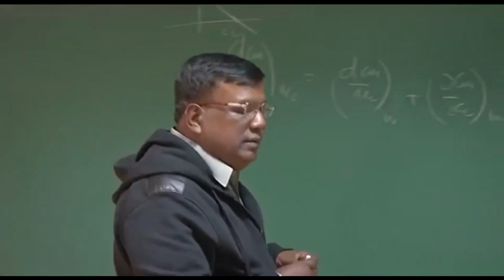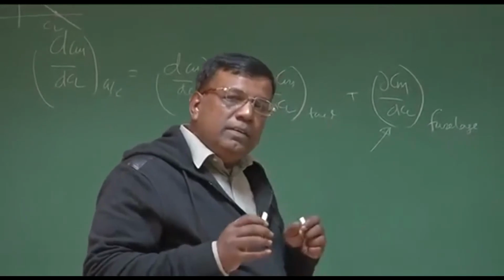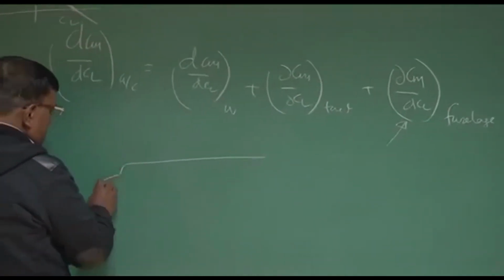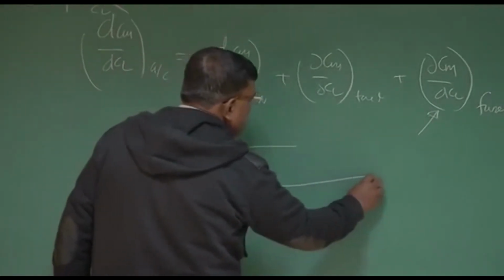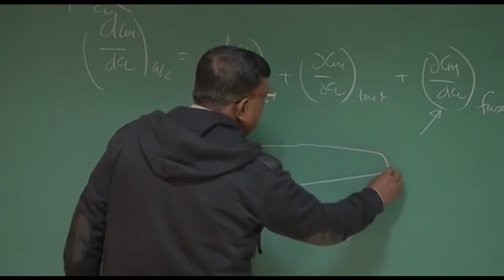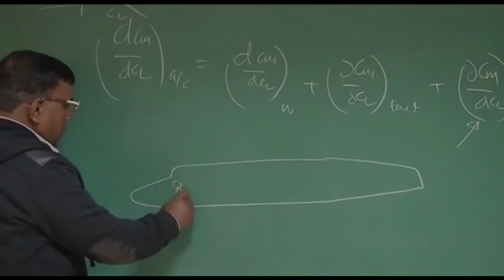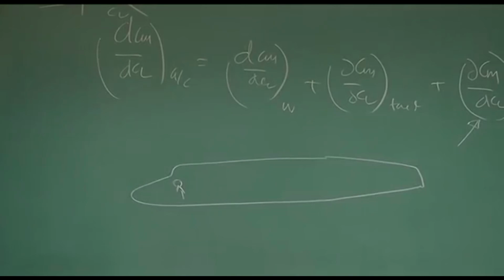And you can do that quick estimation provided you understand the physics behind it. What is the physics behind it? Let's say this is the fuselage. Typically, the fuselage shape will be like this, right? Here our friend, the honorable pilot, will be here.